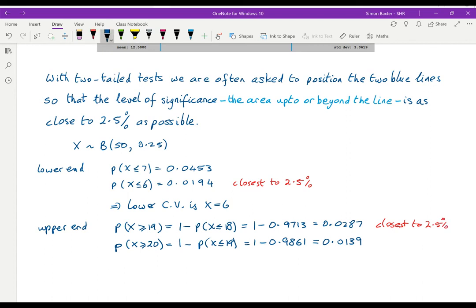And so my upper critical value is X greater than or equal to 19.